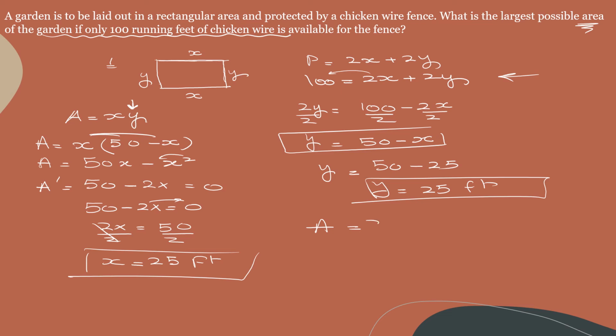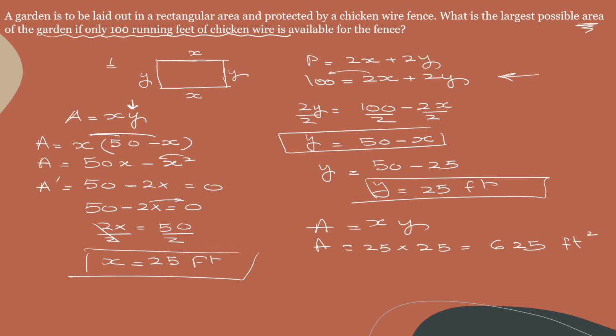So just put the x and y values. So A equals 25 times 25, where the x value is 25 and the y value is 25, which will give us 625, and the unit will be feet squared.